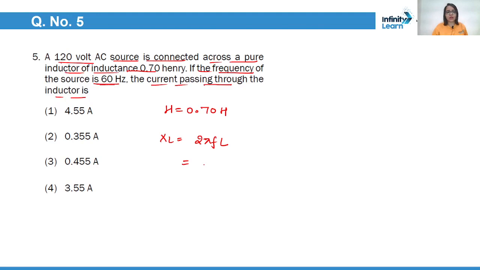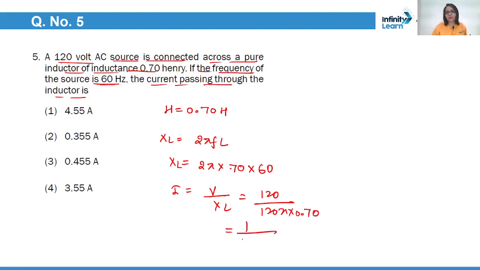So F is 60 and L is 0.70. So this will give you the value of XL. So current I is V upon XL, which is 120 divided by 120 pi into 0.70. So it is 1 upon 0.70 pi, and that is equals to 0.455 ampere.